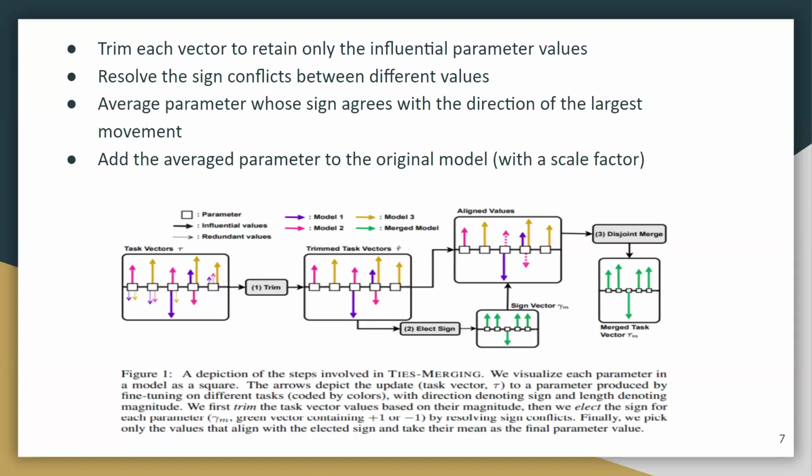Okay, yes, fine sir. So these are parameter values. These are the parameter values, but these colors are coming from different tasks on which the same model has been fine-tuned. Okay, and I think these are not the actual values of the weights. These are the increments or the decrements.